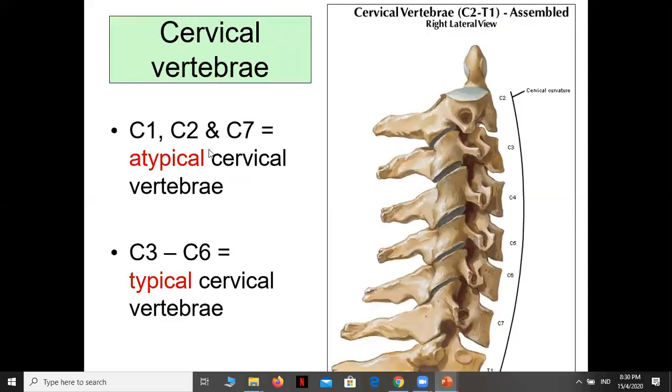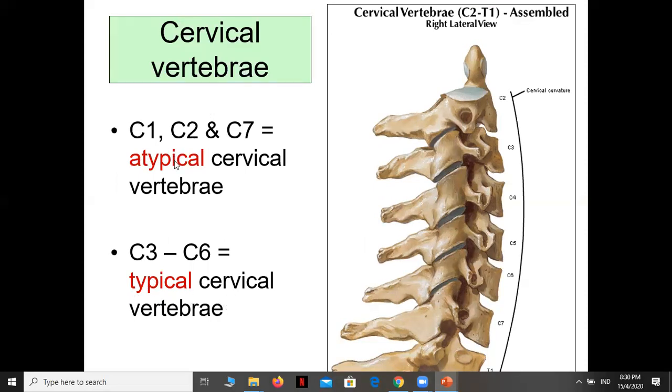Okay, we start to discuss the cervical vertebrae first. Just now I have mentioned that there are 7 cervical vertebrae. The total number of cervical vertebrae is 7. We have 2 different types of cervical vertebra, the atypical cervical vertebra and the typical cervical vertebra.